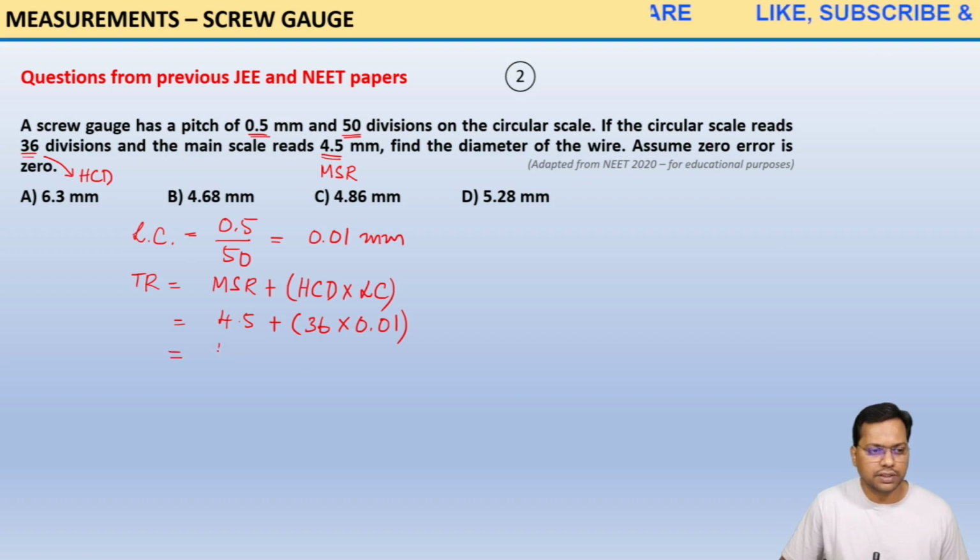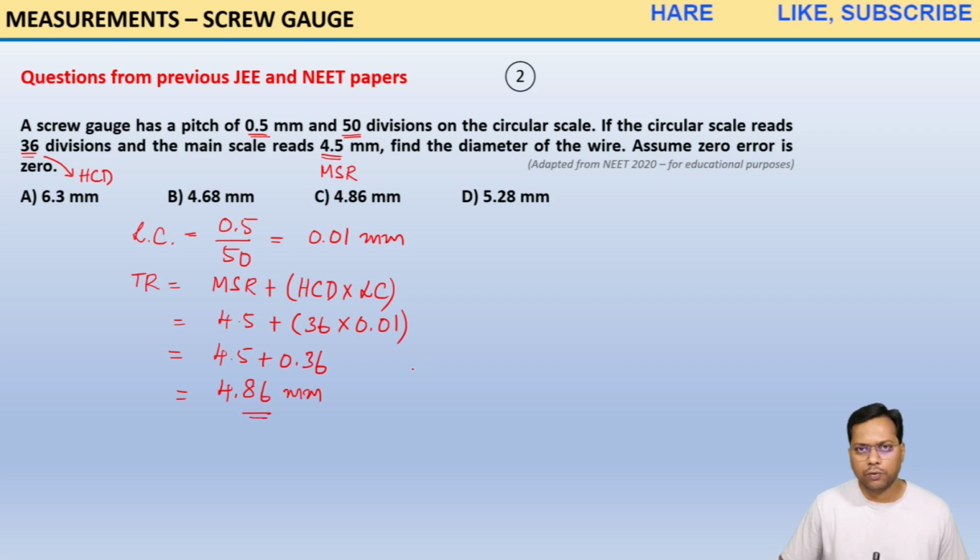On simplification, 4.5 plus 0.36 and finally 4.86 millimeter is the diameter of the wire.